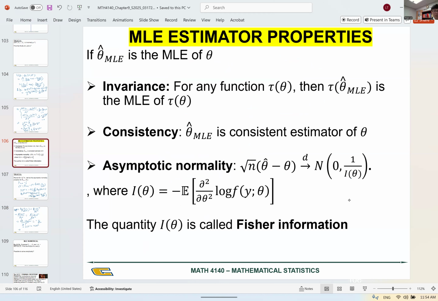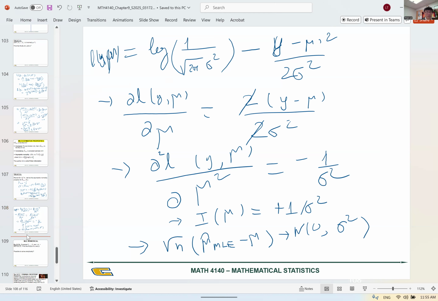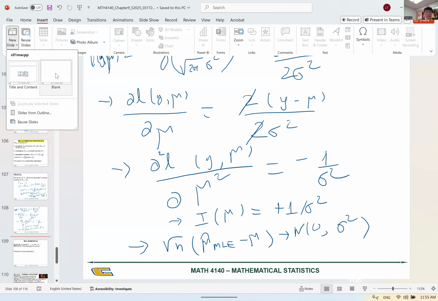So the square root of n times (mu hat MLE minus mu) converges in distribution to a normal with mean 0 and the variance flipped, right? Now you start to see things get familiar. Let's plug in the mu MLE, which is y bar.